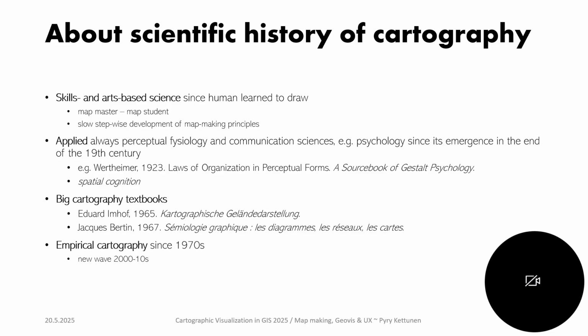And well, historically, cartography, maybe not as a science, but as a discipline, has existed since humans learned to draw, probably on the sand, as I mentioned. For very long times, cartographical knowledge and understanding about how to make good maps was mainly transferred by master-student education in professional map makers' studios.